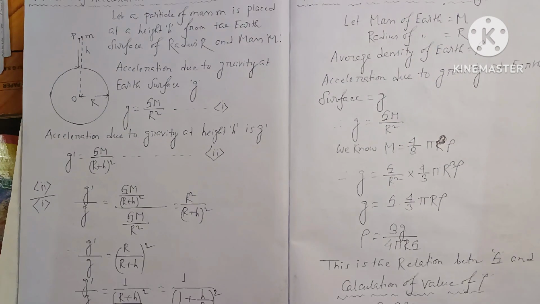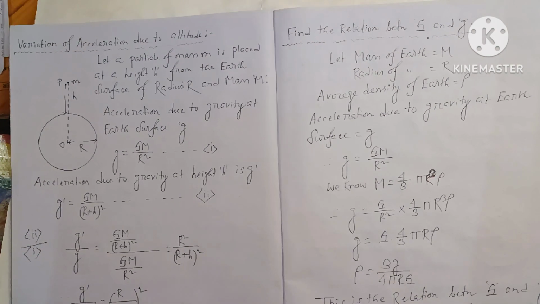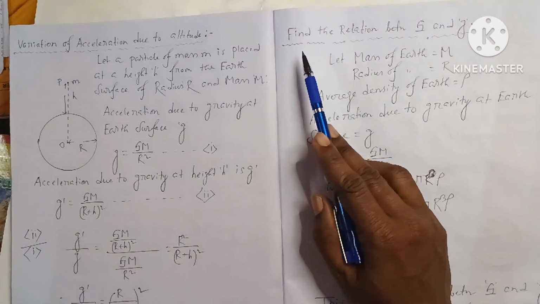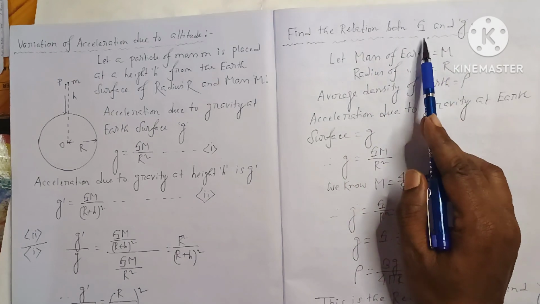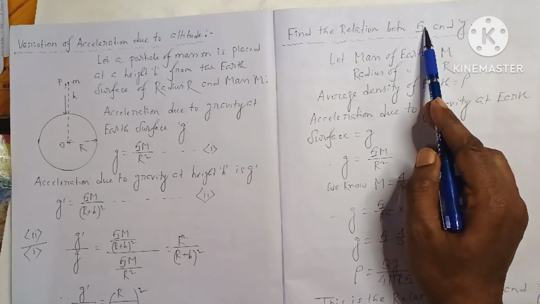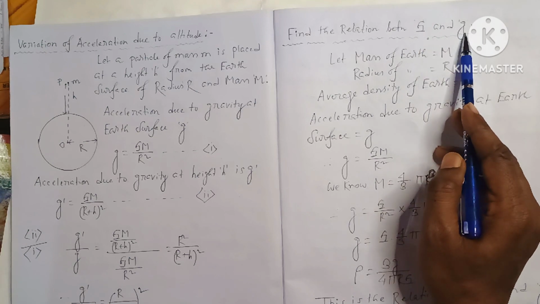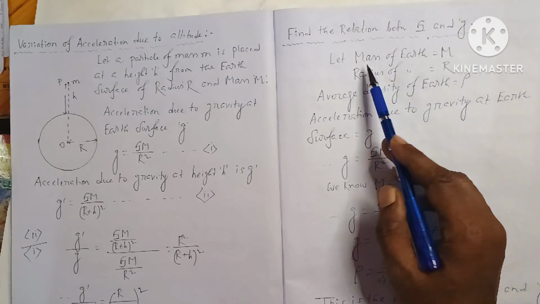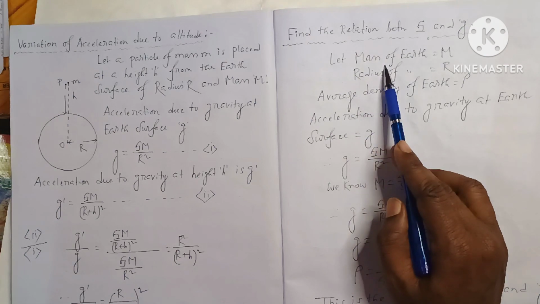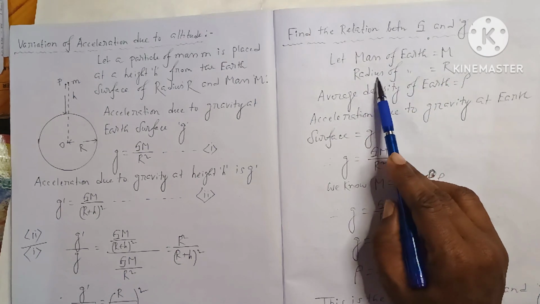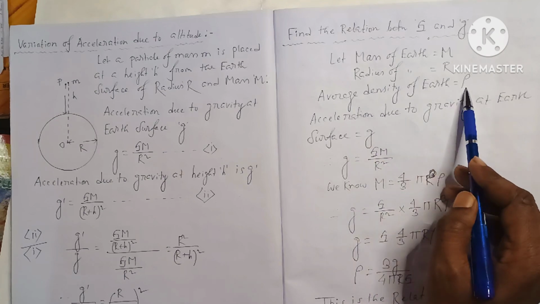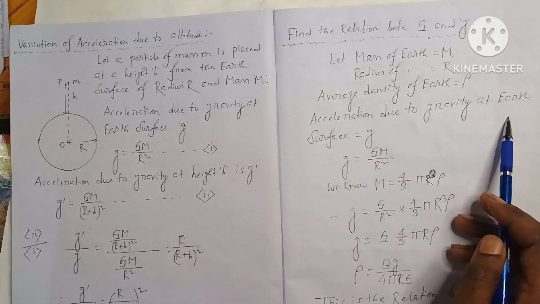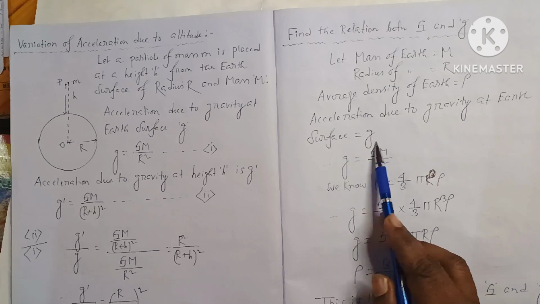Next, we come to finding the relation between small g and capital G. Capital G is the gravitational constant and small g is the acceleration due to gravity. Let us consider the mass of the Earth M, radius r, and average density of the Earth rho, with acceleration due to gravity at the Earth's surface g.